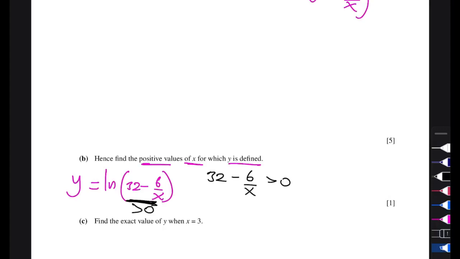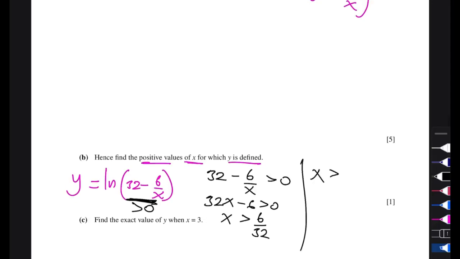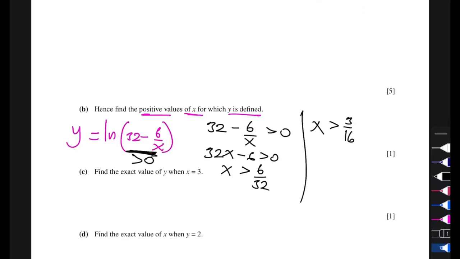So you can just multiply through by x, and have 32x minus 6 is greater than 0. So x will be greater than 6 over 32, something like that. And if you simplify that, the calculator tells you that your answer should basically look like 3 over 16. Yeah, great. All right, then they said find the exact value of y when x is 3.